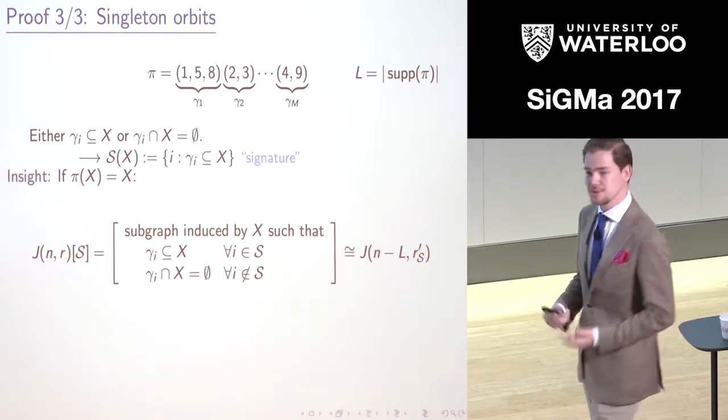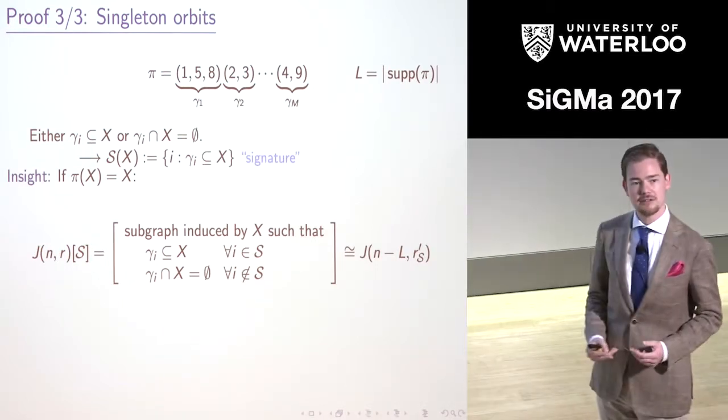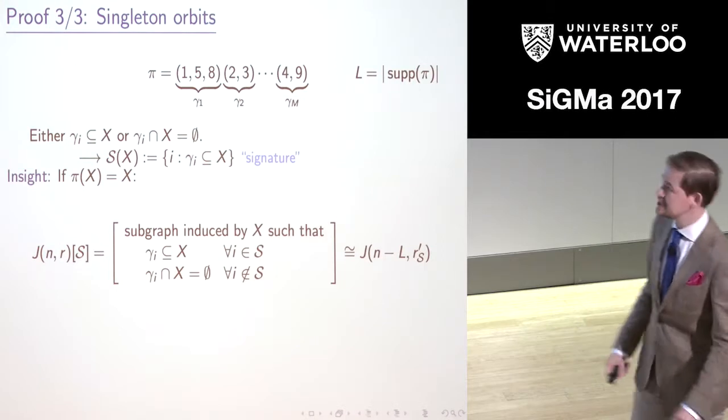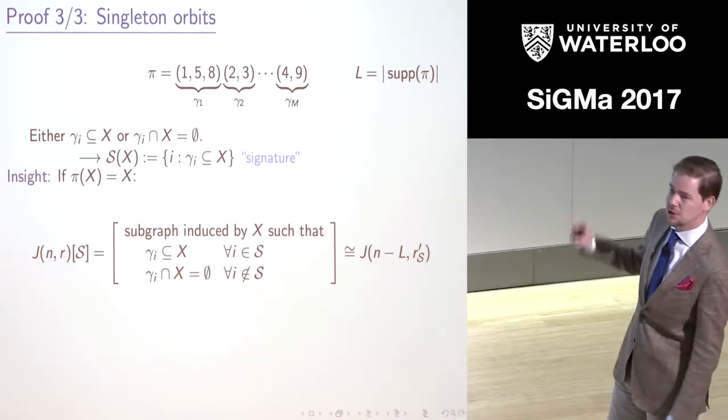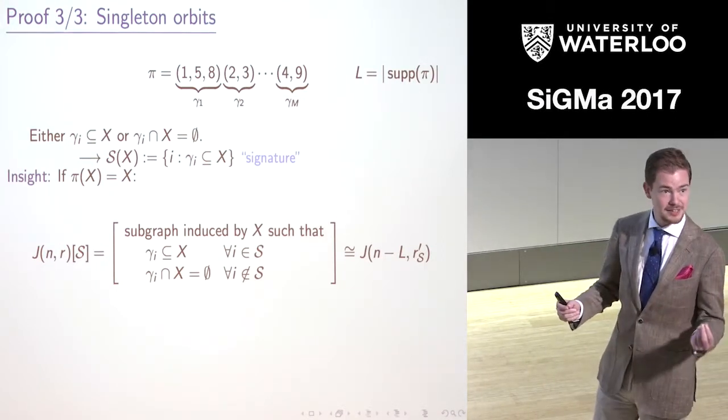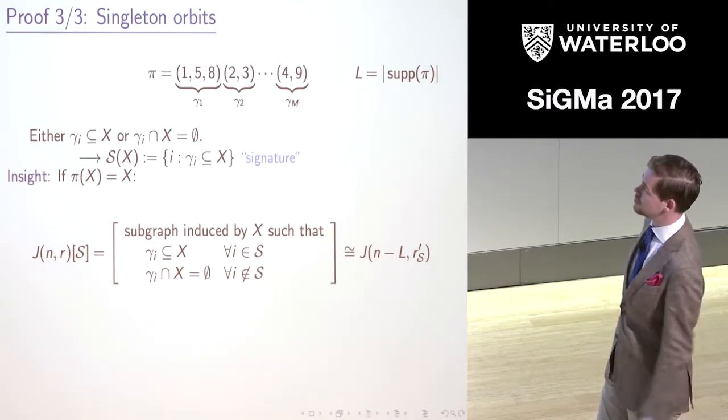And then for each possible signature, we can look at the Johnson graph that's induced by this signature, by which I mean that we look at all the vertices that contain the right cycles and avoid the wrong cycles.